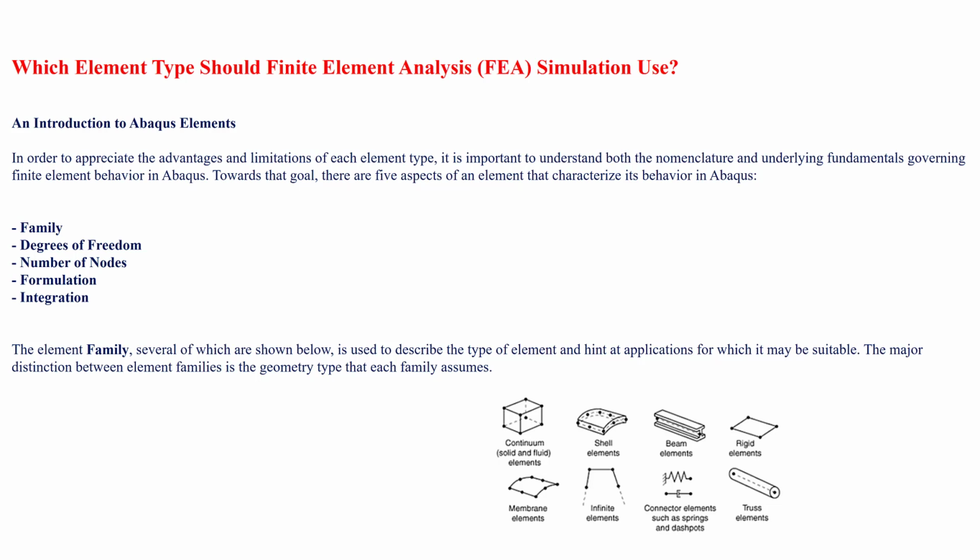Depending upon the family, we're gonna have different element types, which I'm going to explain later. So you need to remember this: depending upon what family we are looking for and what type of analysis we are considering, we're gonna consider these things.